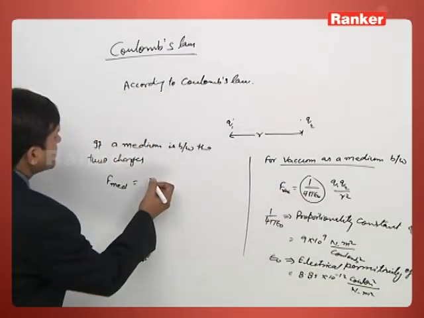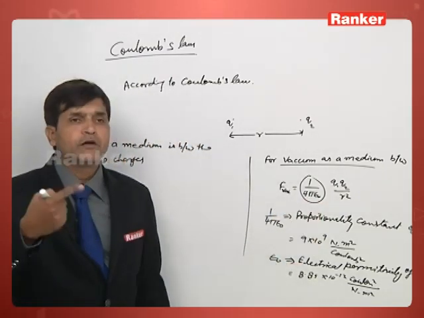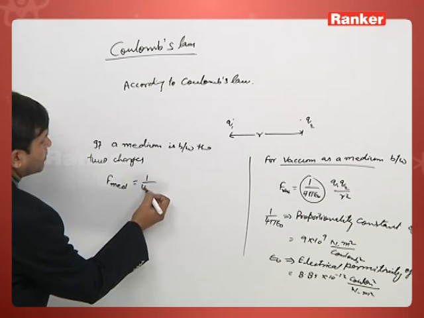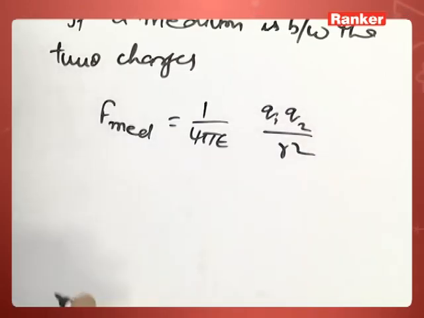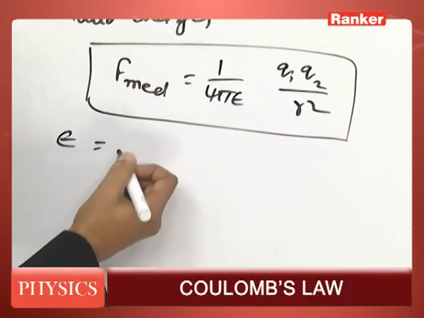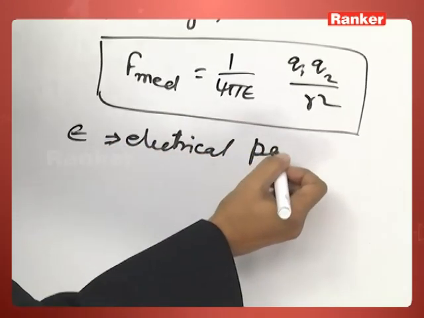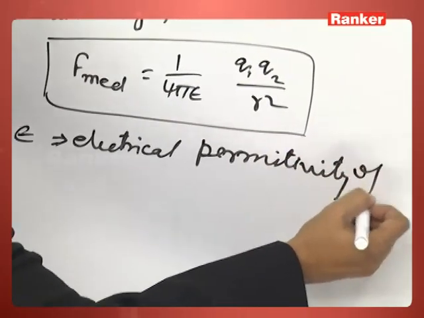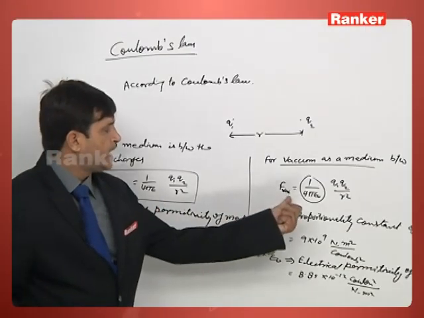For the force in a medium, in place of epsilon naught, we will write the electrical permittivity of the medium, and the symbol we will use is epsilon. So F is 1 by 4 pi epsilon Q1 Q2 by R square. Here epsilon is the electrical permittivity of the medium, and that changes as the medium changes.